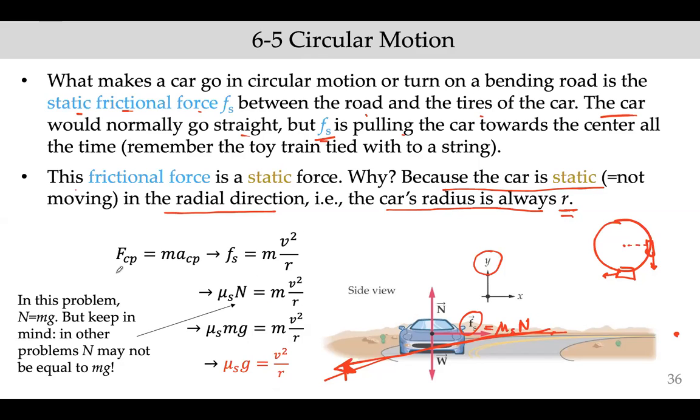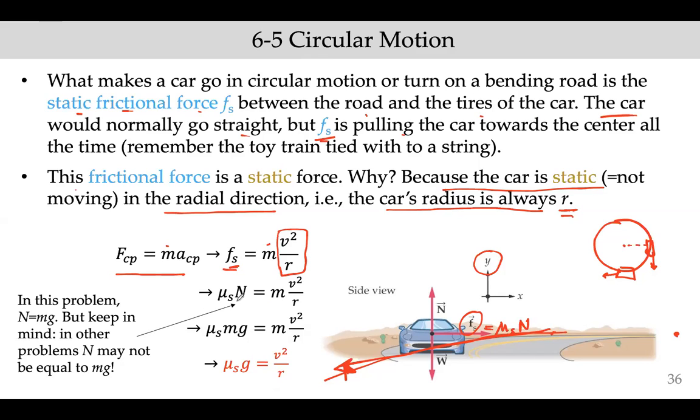So first I'm going to write F equals ma for circular motion. What are the forces radially inward or outward? Well, there's actually only one force in the radial direction. It's just the friction, static friction. And m is here, and this part is just centripetal acceleration. That's the definition of it.